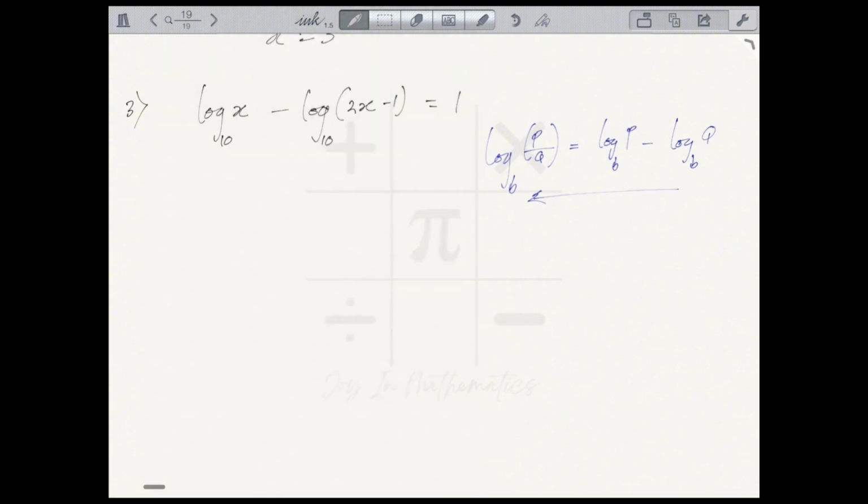So our x will be our p, and our 2x minus 1 is considered as our q. Therefore, this will give us log x divided by 2x minus 1 to base 10 is equal to 1.